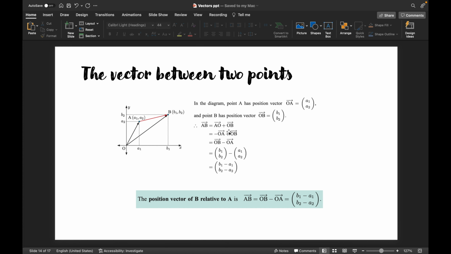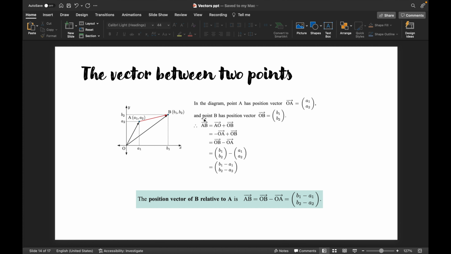But we can also rewrite AO as OA multiplied by -1. So these two are essentially the same thing. And therefore, if you're trying to find the vector AB, we go from A to O and then O to B. Therefore, it's going to be OB minus OA.